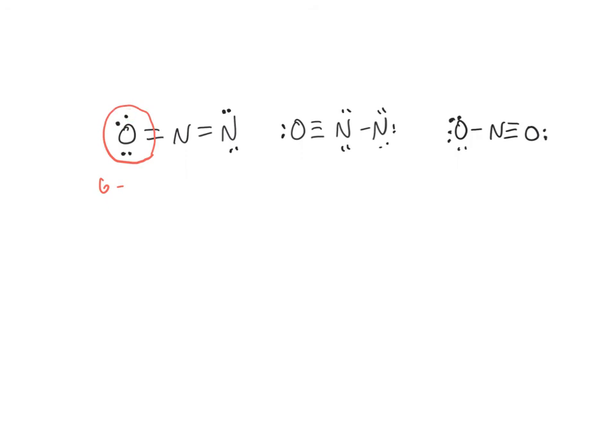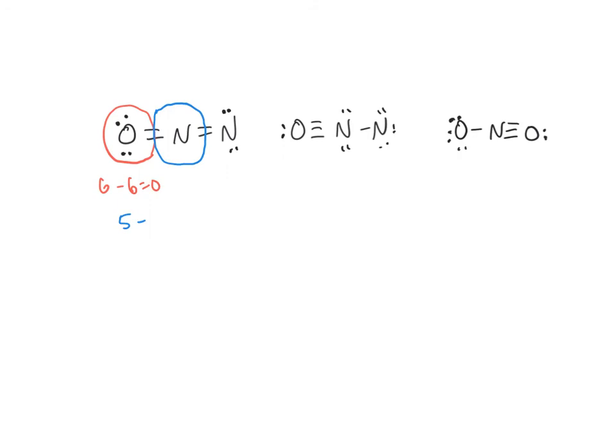You got 2, 4, and half of this 4 electron double bond is 2. 2 are inside the circle, so you have 6 for that one. Then the nitrogen, let's do the same thing, cut the bonds in half. You have 5 minus the number of electrons inside the circle.